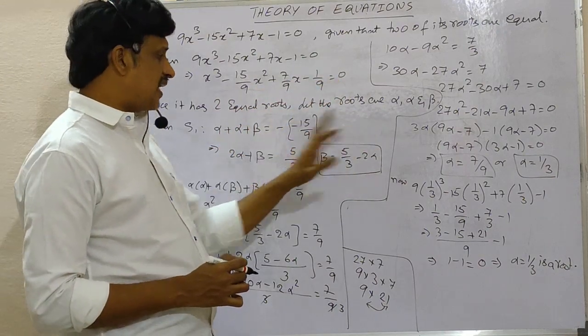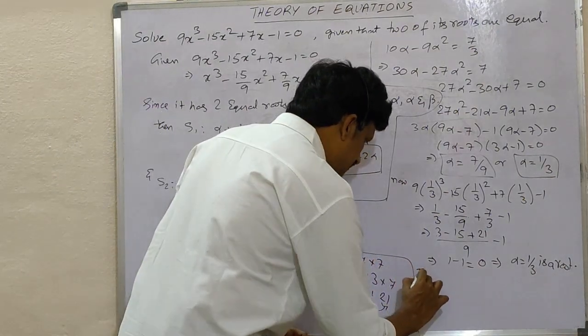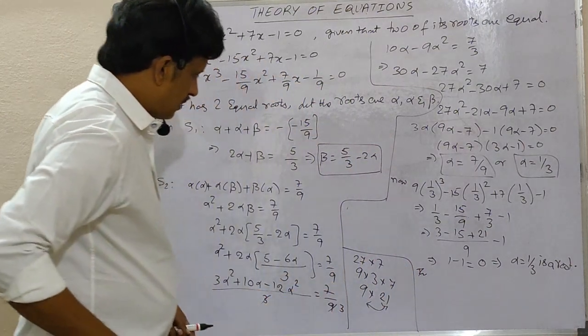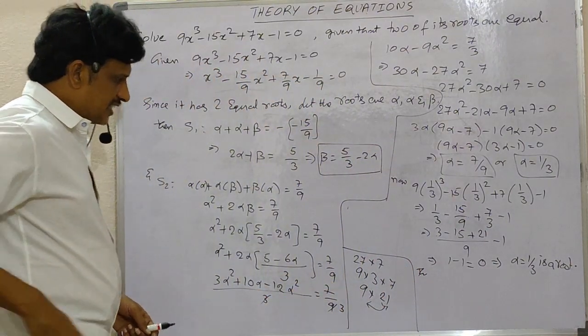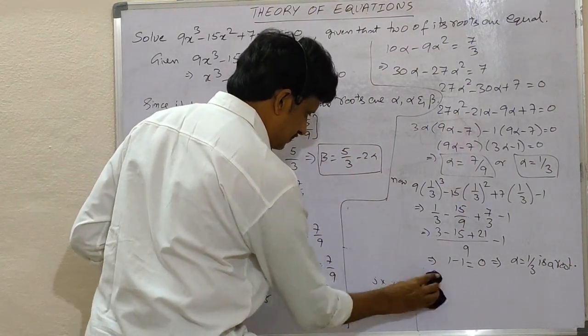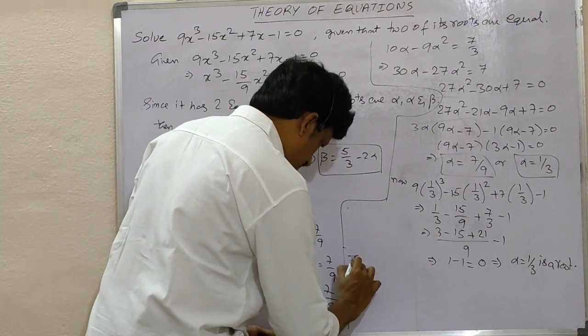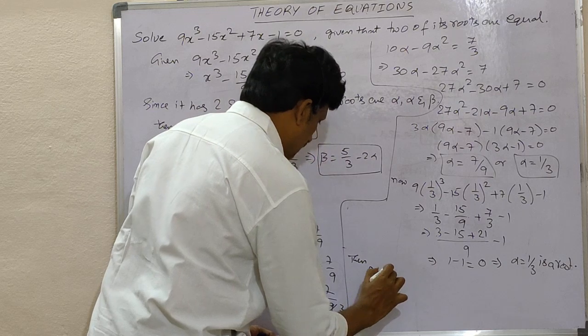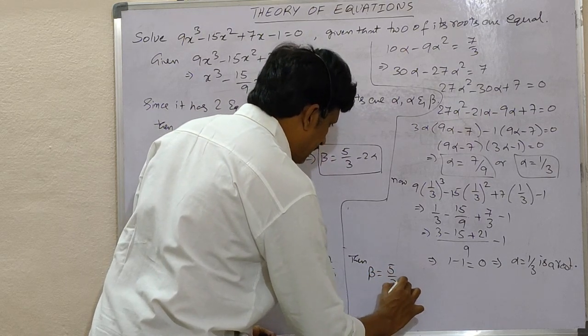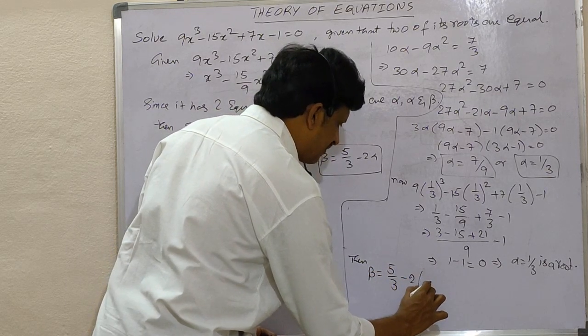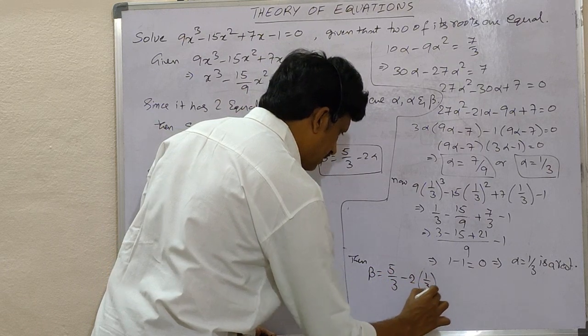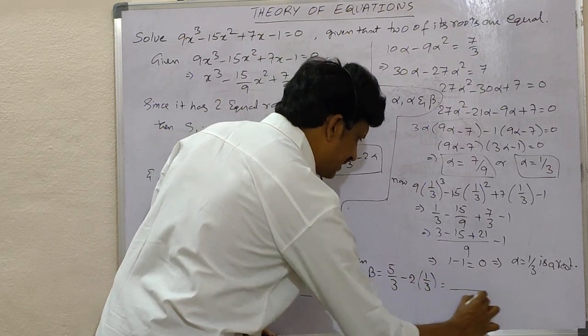Then the third value, beta, will be 5 by 3 minus 2 into alpha. Alpha is 1 by 3. So take the LCM 3 here.